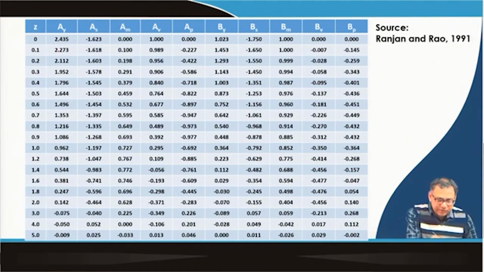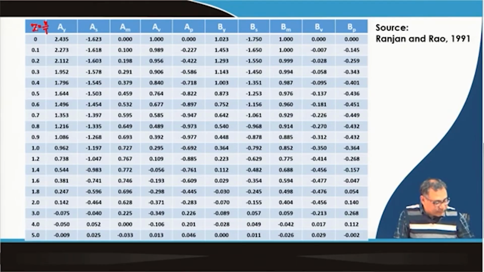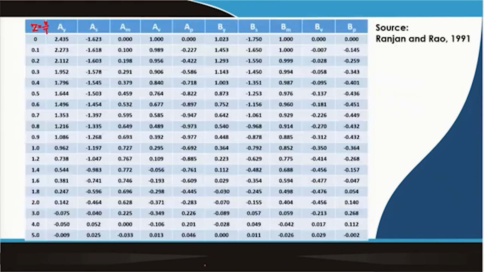This table is given for different z values. Here capital Z is basically the small z divided by t. So, we can determine these coefficients for different small z, where z is at any depth.